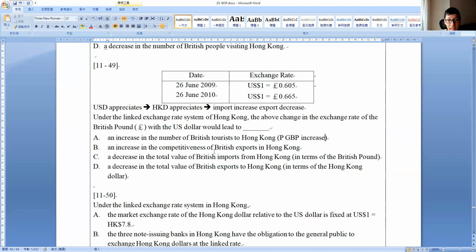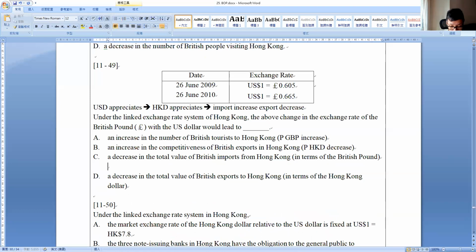Increase in competitiveness of British export in Hong Kong, that is, Hong Kong's import. Yes, because in terms of Hong Kong dollar, the price has decreased. Therefore, competitiveness increased. Yes. What about C and D? Look at C. British import from Hong Kong.